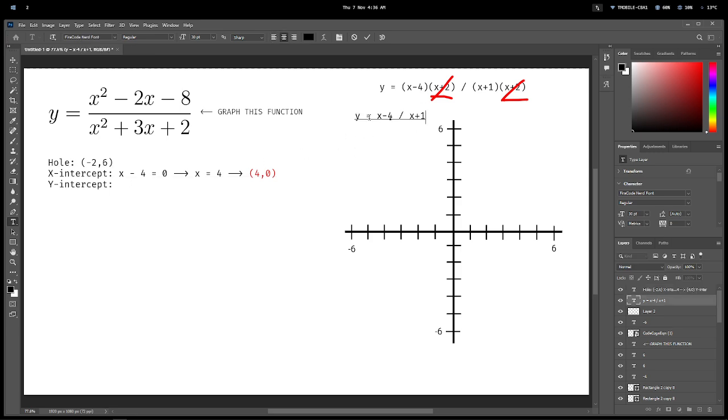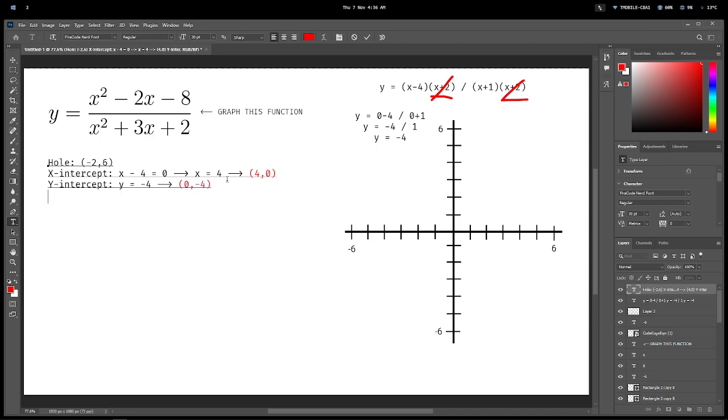So this will become 0 minus 4 over 0 plus 1. And it will simplify to become -4 over 1, and simplifies even more to become -4. That is our y-intercept right there. So our y-intercept is y equals -4. Converting that into a coordinate will be 0, -4. That is our y-intercept right there.